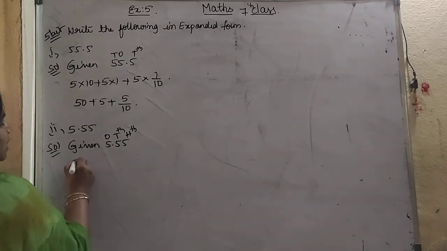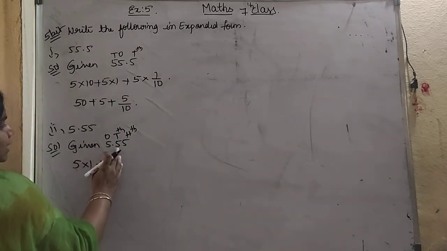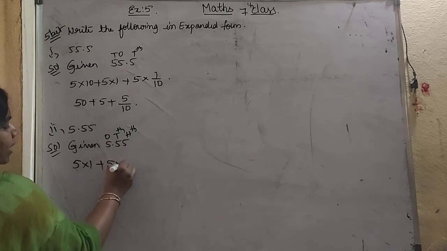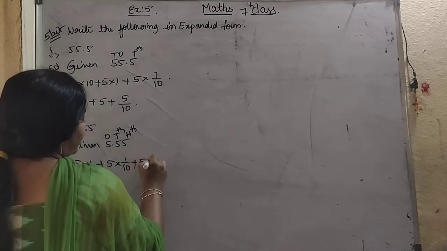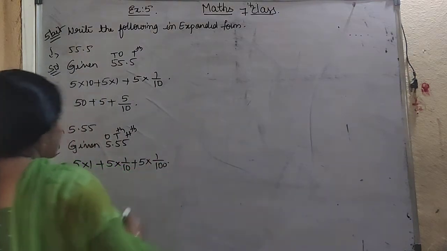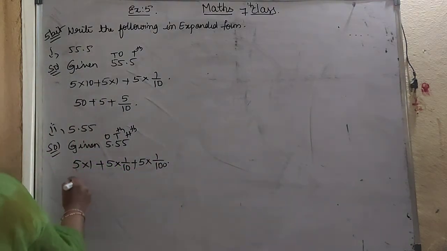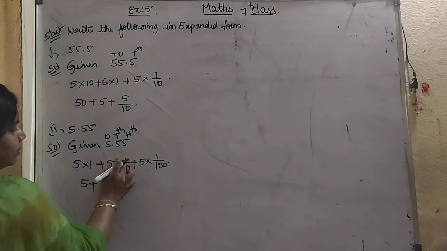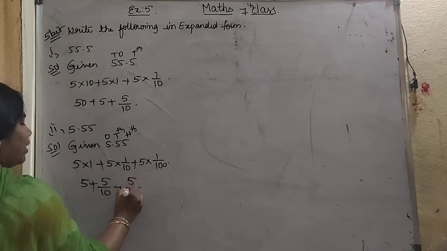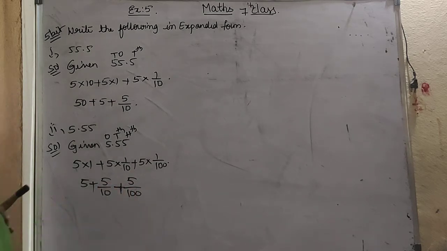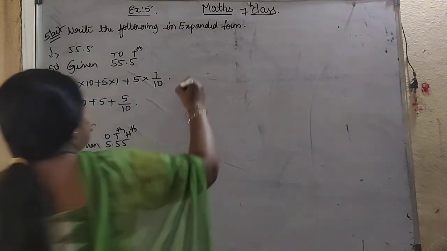So we can write this as 5 into 1 plus 5 is in the tenth part, that is 5 into 1 by 10 plus 5 is in the hundredth part, that is 5 into 1 by 100. Now convert this. 5 into 1 is 5 plus 5 into 1 is 5 by 10 plus 5 into 1 is 5 by 100. So this is our expansion for the given question.